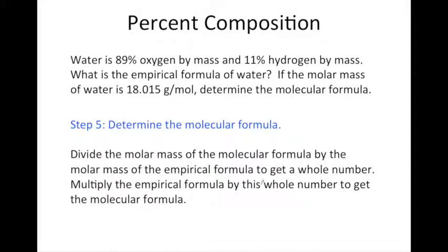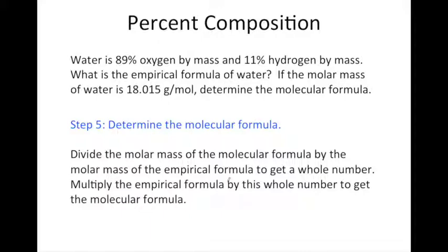Now we need to check to see what the molecular formula is. So like before, we need to take the molar mass of the molecular formula and we divide it by the molar mass of the empirical formula to get some whole number.